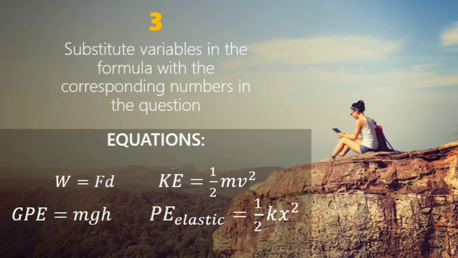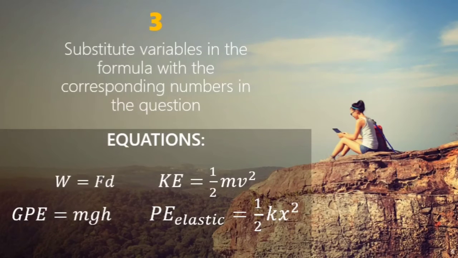W is equal to force times distance, whatever form that might come in. Usually they introduce that as friction times distance. If it's moving, KE is going to be 1/2 mv squared. If it's at a height, GPE is going to be equal to mgh. And elastic potential energy is going to be 1/2 kx squared.